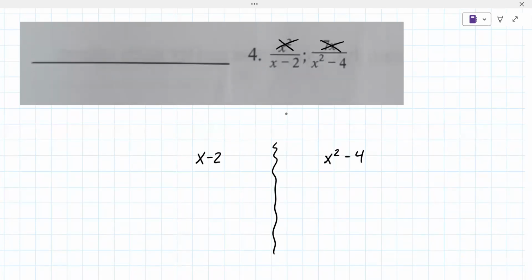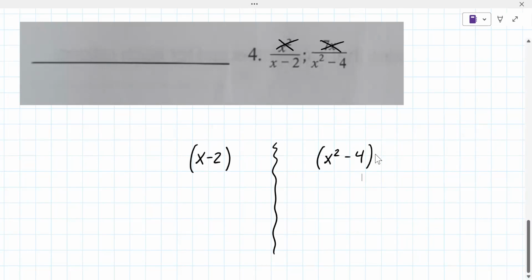Now on the right here, you have to factor this out. This one's different than the previous one. Do you remember what type of factoring this is? Forget about the LCD. Just look at the x squared minus 4. What kind of factoring is that?